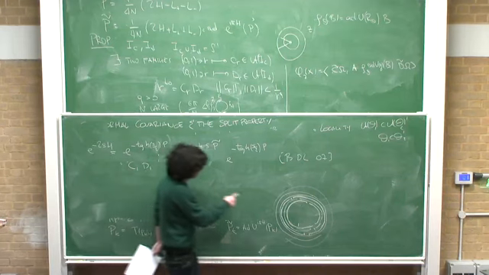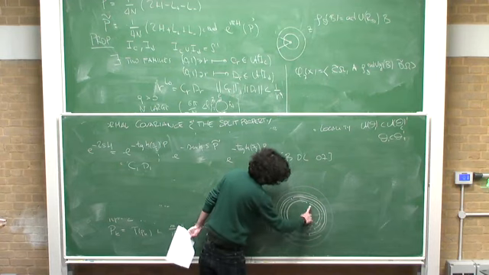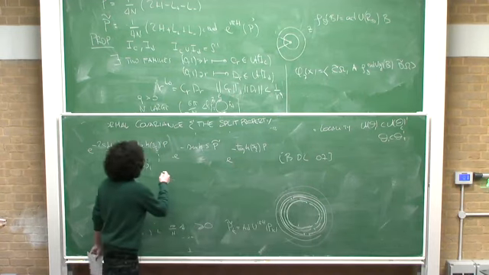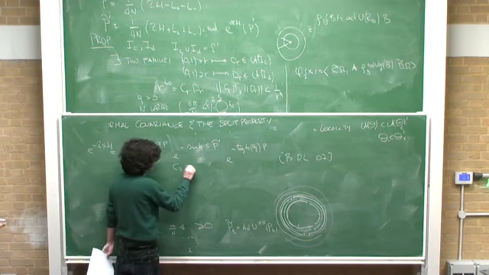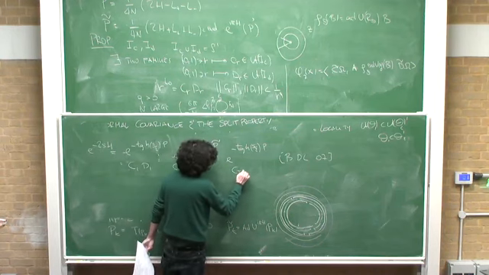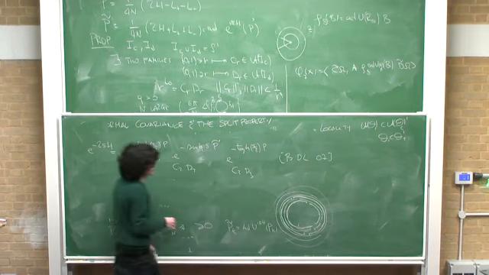So C1 and D1 are localized here, C2 and D2 this one, C3 and D3 the last one.